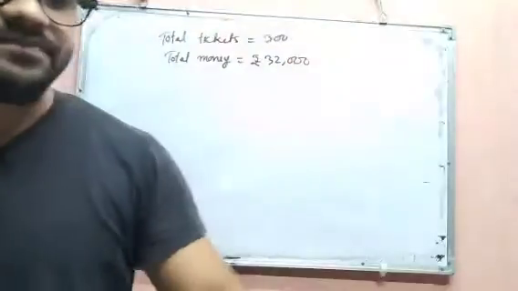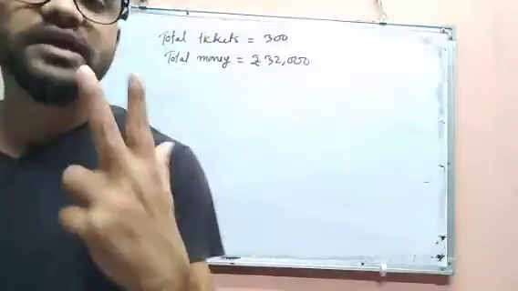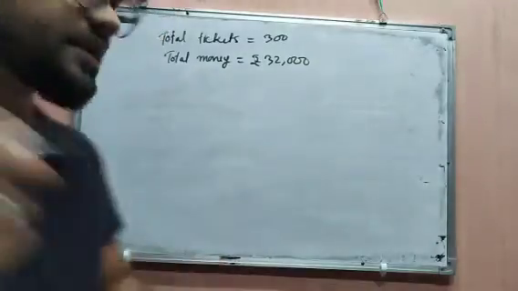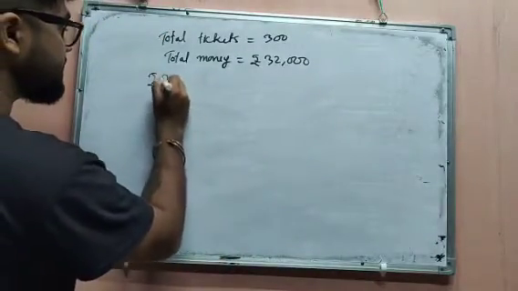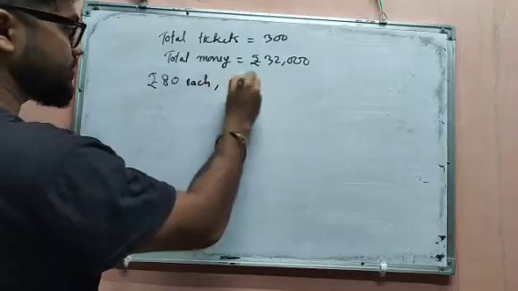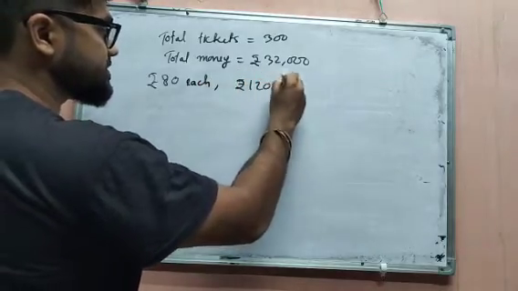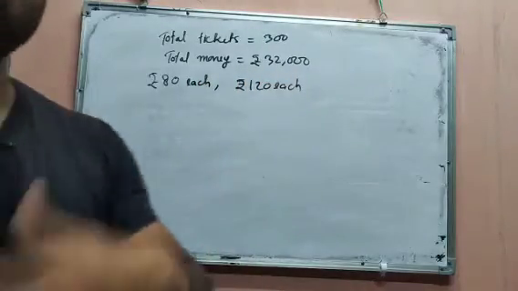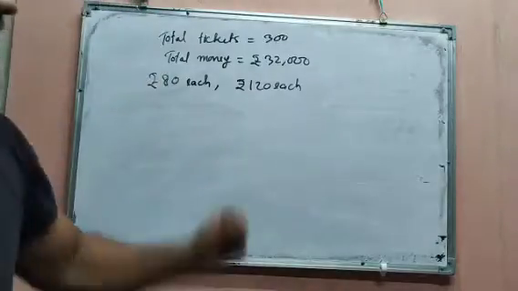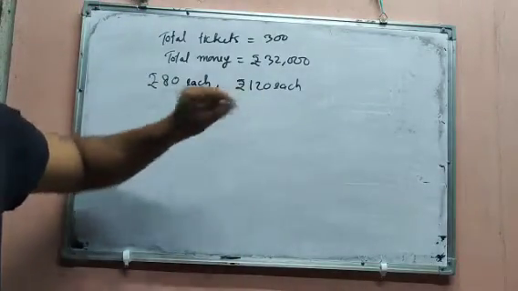Then what is given? The tickets were of two denominations, so there are two types of tickets. One is rupees 80 each, and one is rupees 120 each. One ticket costs rupees 80, and the other costs rupees 120.